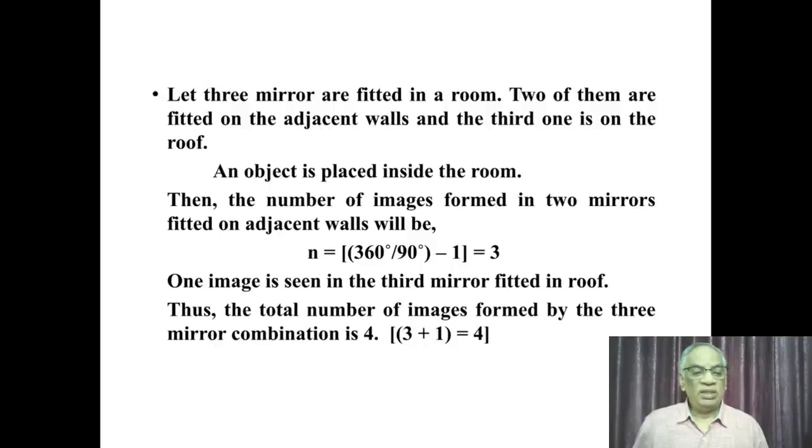So these three images plus the original image, all the 4, are seen in the mirror placed at the roof. Thus the total number of images formed in the three mirrors combination is 3 and 1 original object, 4. So 4 images can be seen in the combination of the three mirrors.